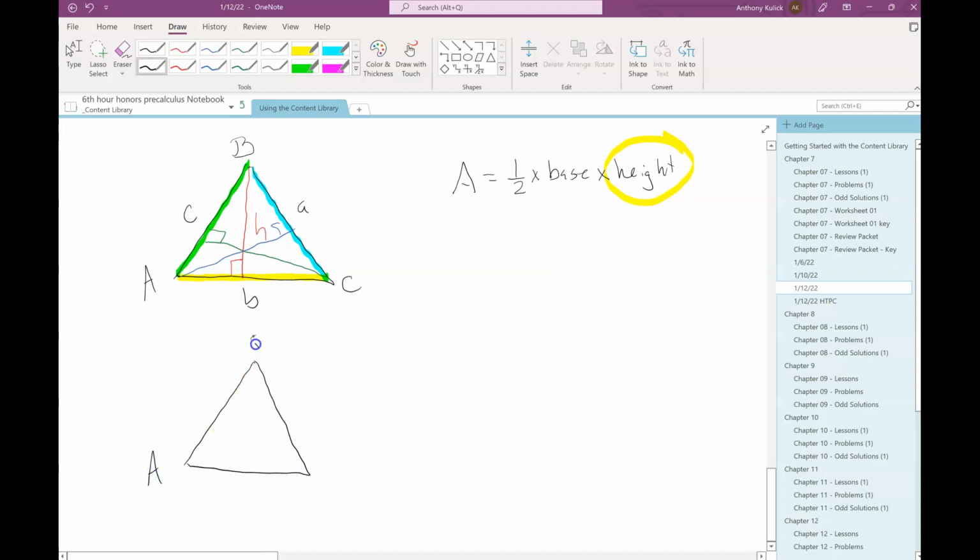So let's go back to this scenario, and let's say we've picked b to be the base, and we're using this height here. I notice that I have a right triangle there in yellow. Everybody agree with that? Since it's a right triangle, I can use SOHCAHTOA, and I can say that sine of angle A is equal to opposite over hypotenuse. To get h by itself, I can multiply both sides by side c.